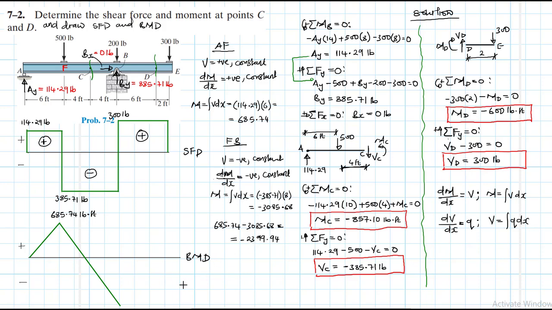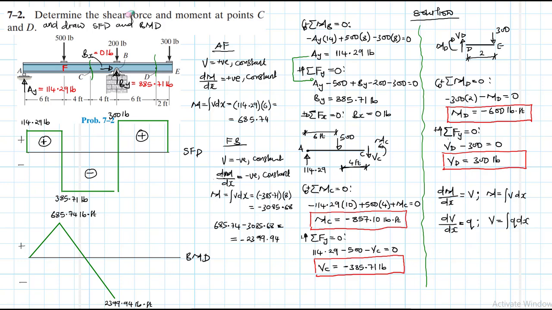Great. So we are saying this value is minus, of course it's already minus down there. This is 2399.94, maybe it has gone so much down. Let me write it somewhere there. This is 2399.94 pounds feet.